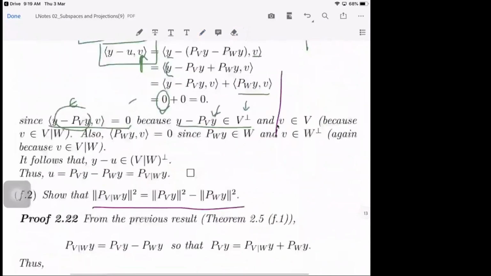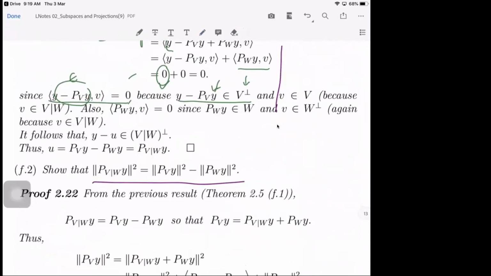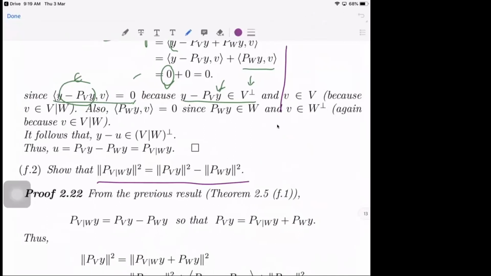So if you get the square norm of that, say you have C equal to A minus B. So C square, according to this, is just A square minus B square.